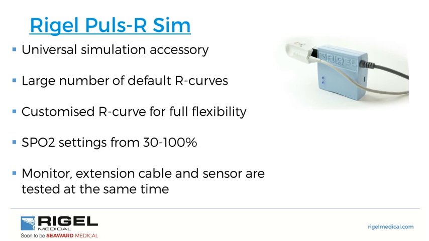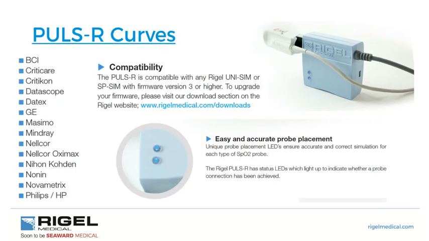SpO2 goes from 30 to 100%, and we can monitor extension cables and sensors are tested at the same time. So there's just an example of some of the manufacturers that we can simulate and our compatibility with our Pulsar instrument. It has 2 LEDs. Those 2 LEDs indicate whether a probe is correctly aligned and connected.